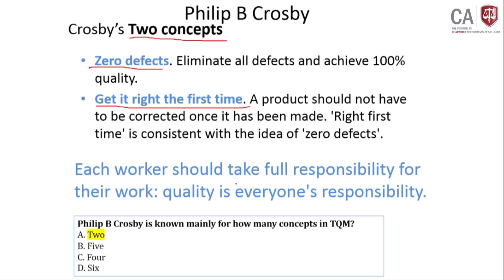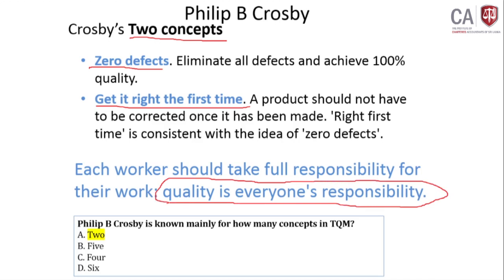Each worker should take full responsibility for their work. Quality is everyone's responsibility. This is a very good point. Let us say the question paper asks who says quality is everyone's responsibility. Crosby says that.